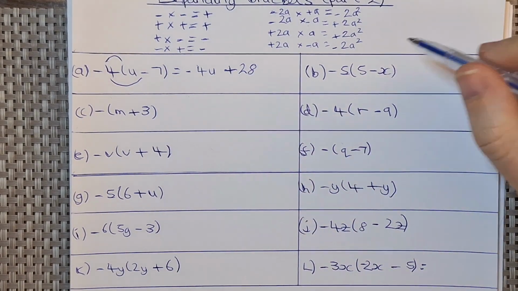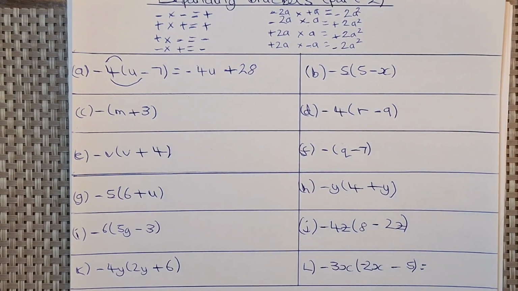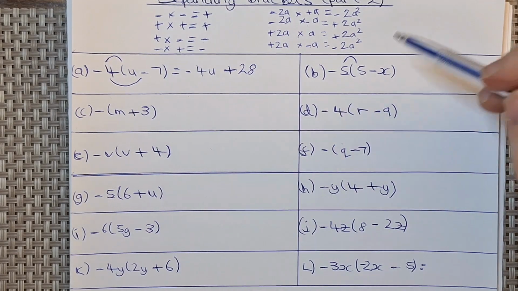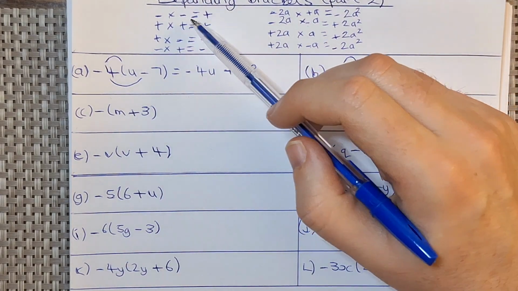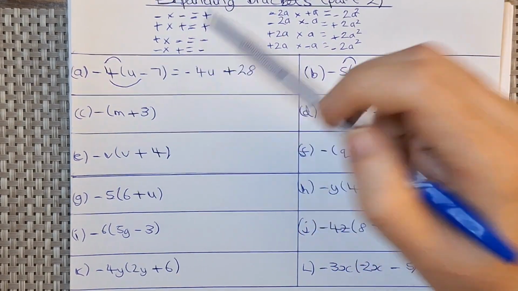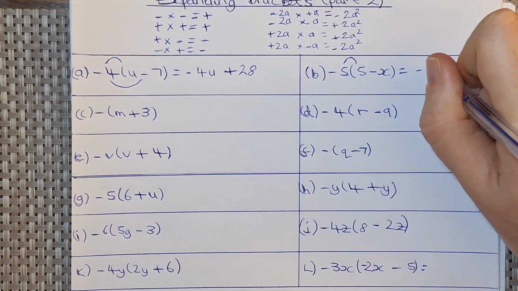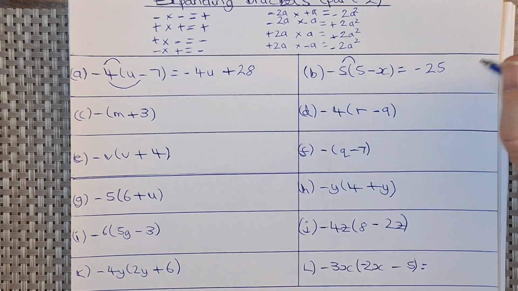Next question, we've got minus 5, then in brackets 5 minus x. So minus 5 times 5: a minus times a positive is a negative number, so minus 25.